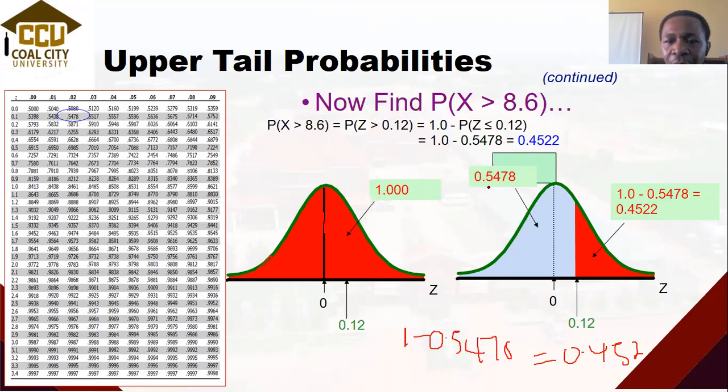When you add 0.5478 plus 0.4522, you get a value of 1. So it still gives credence to the fact that the total area under the normal distribution curve is 1.